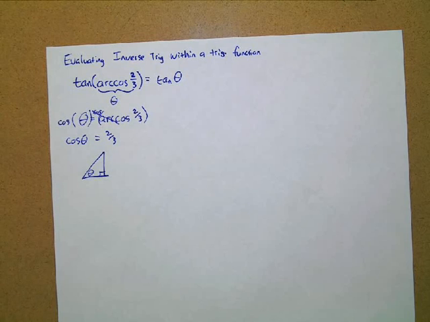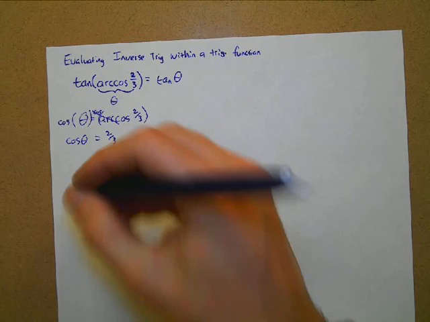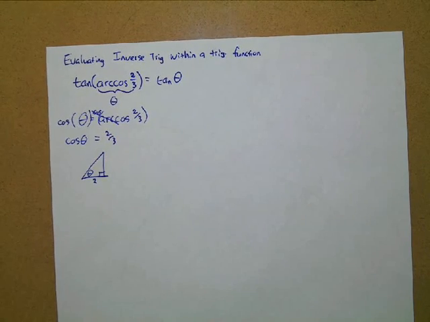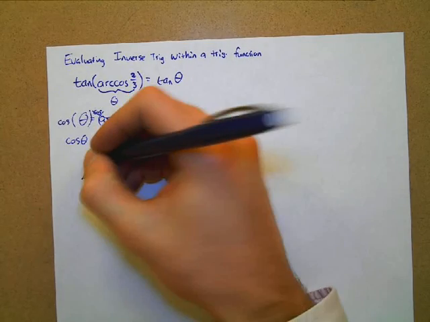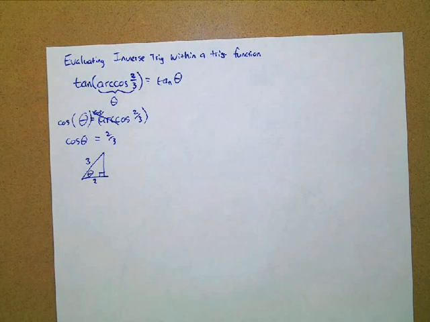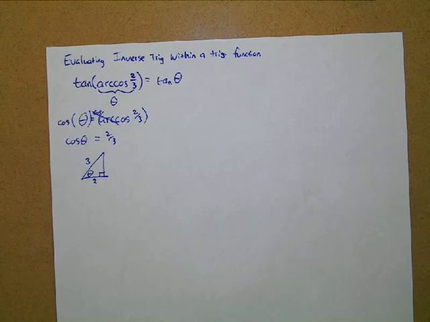And remember, our ultimate goal here is to evaluate tangent of theta. But to evaluate tangent, I need the opposite leg. I have the adjacent leg, it's 2, so I know the denominator is going to be 2. I need to find this opposite leg. How can we find it?